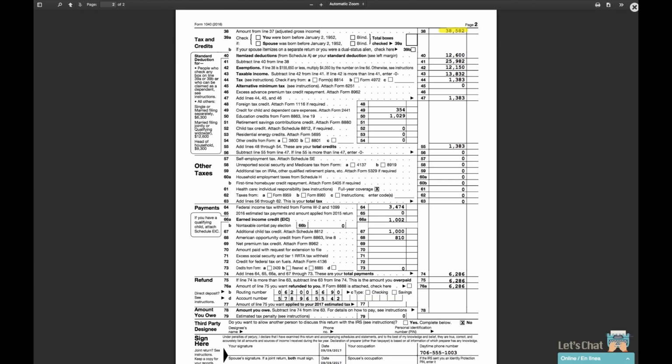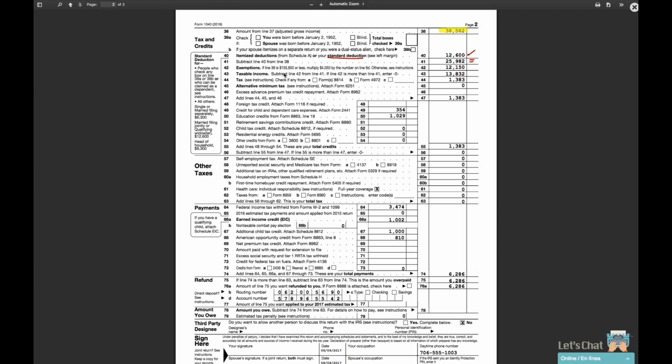Because they are married, they're going to receive a standard deduction of $12,600. All right, so that's going to leave their new income at $25,982.